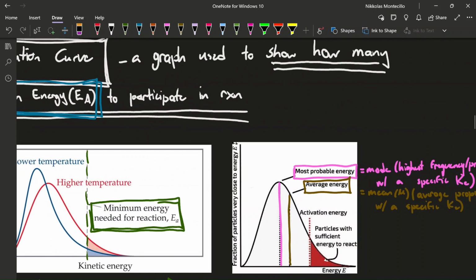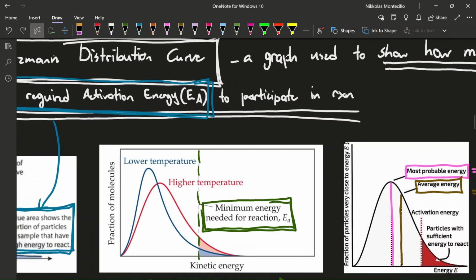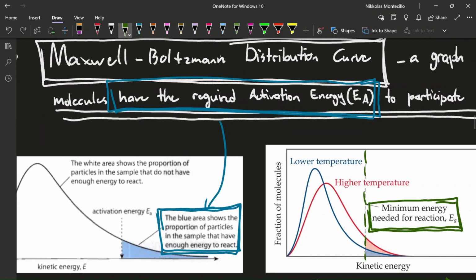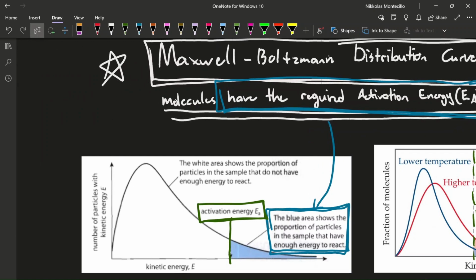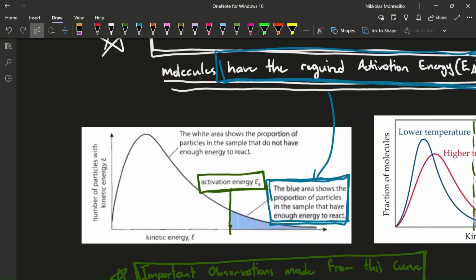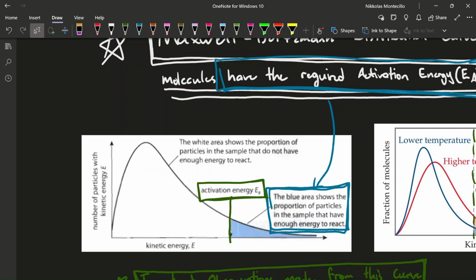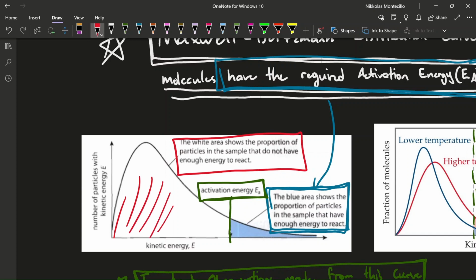We can see that this particular boundary here is the activation energy, which refers to an energy threshold that molecules need to achieve before they can participate in a reaction. And then this area here just refers to the proportion of molecules that don't have enough energy to participate in a reaction.